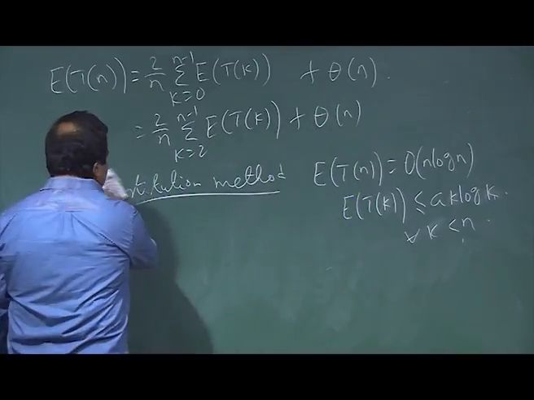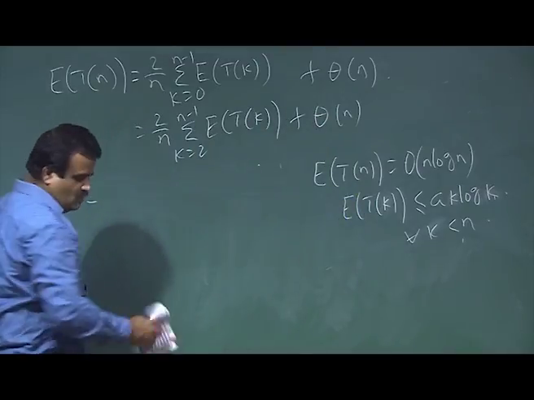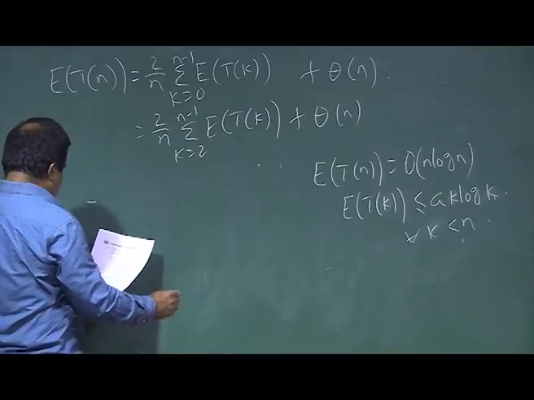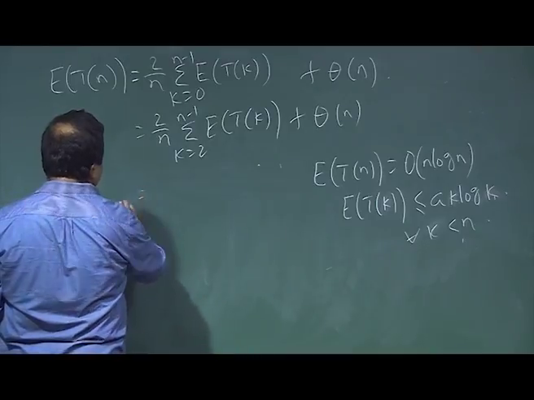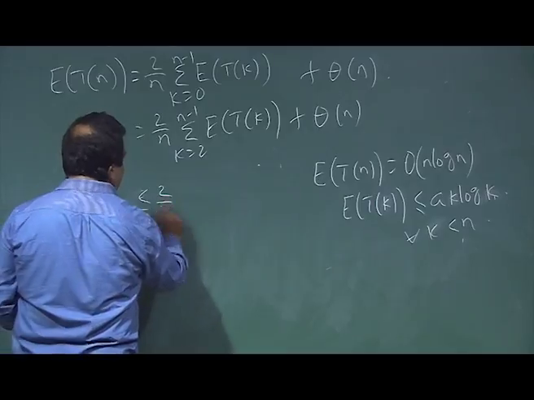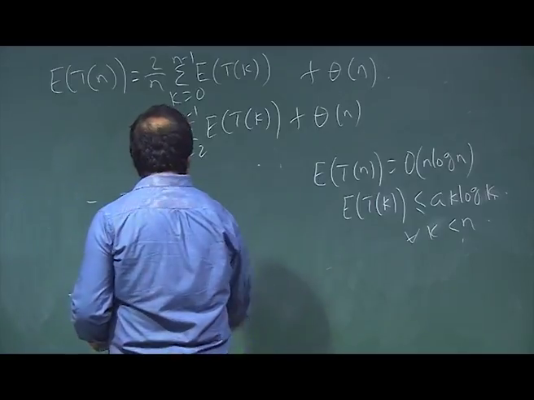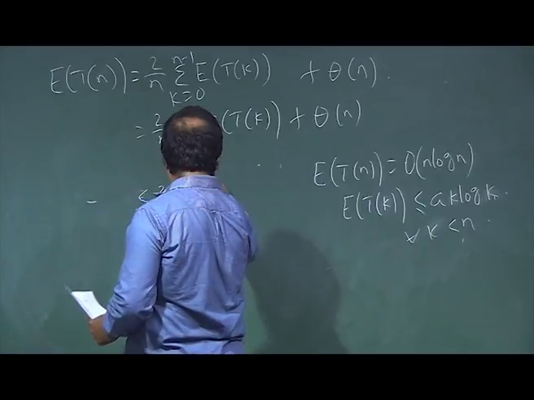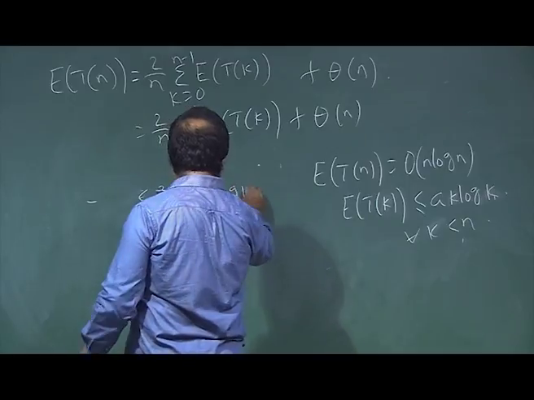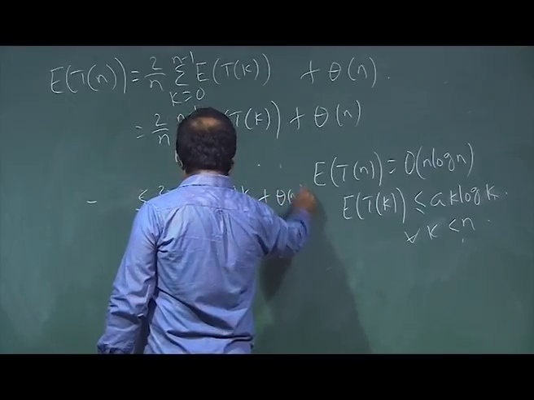So this we just put here, and this will basically give us, this is all less than 2 by n summation over a k log k plus theta of n.